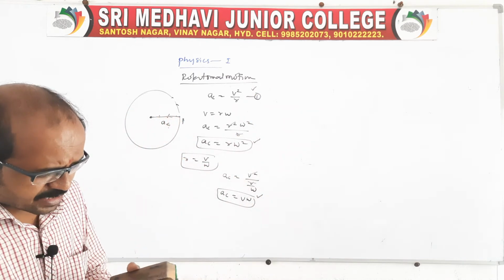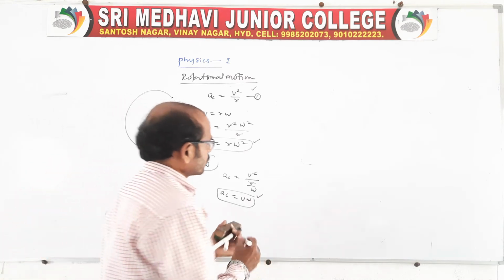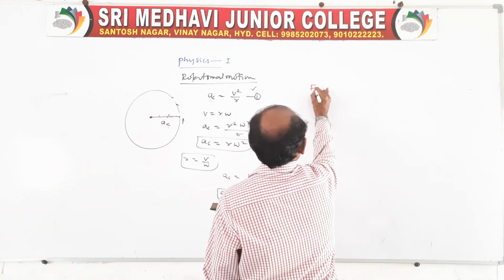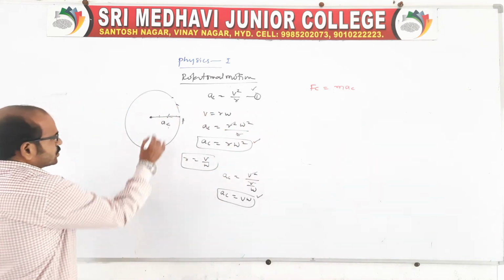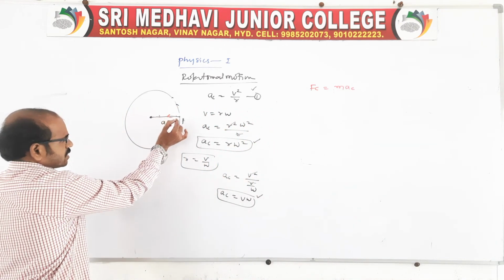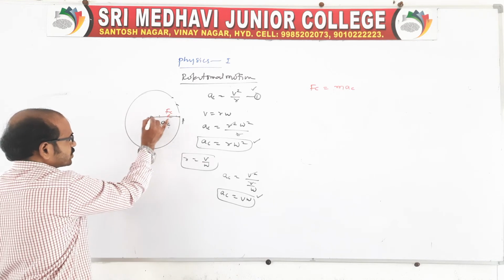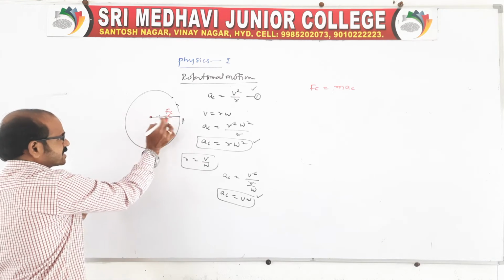Now after centripetal acceleration, we have centripetal force. What is centripetal force? Fc is M into AC, nothing but the force which acts towards the center along the radius vector.